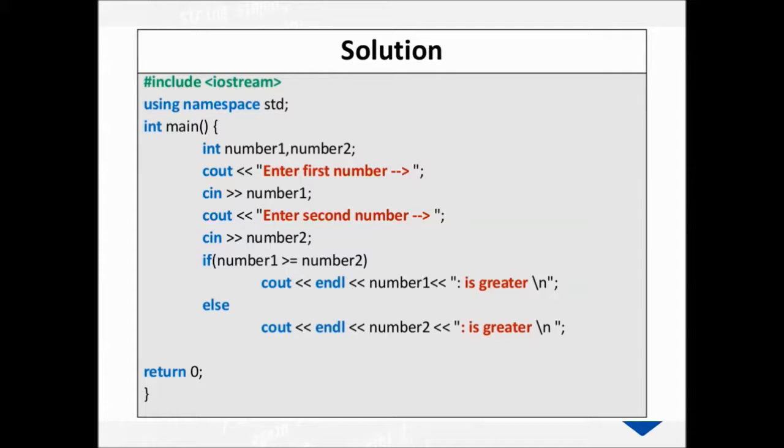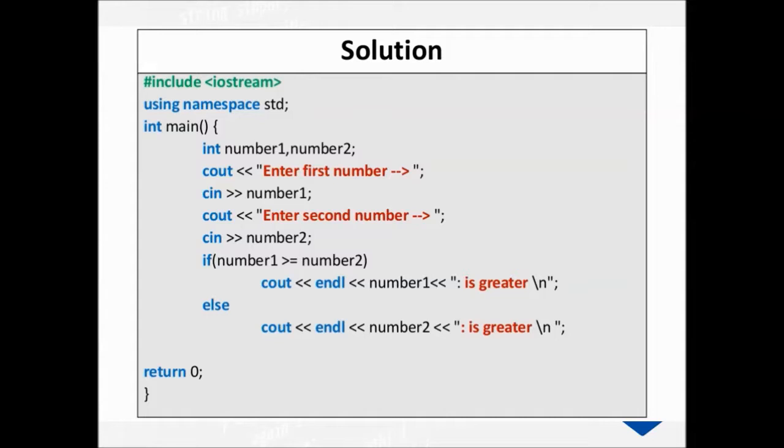Then we set the condition on these two numbers, that is, if number1 is greater than or equal to number2, then it shows on the screen that number1 is greater. Else, if our condition is false, then it shows on the screen number2 is greater.